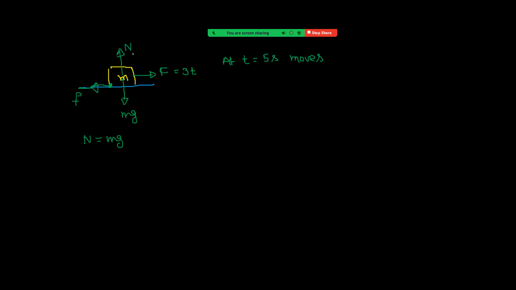Since the angle between these two vectors is 90, the resultant contact force is the square root of F squared plus N squared. So normal reaction and friction are two components of contact force.